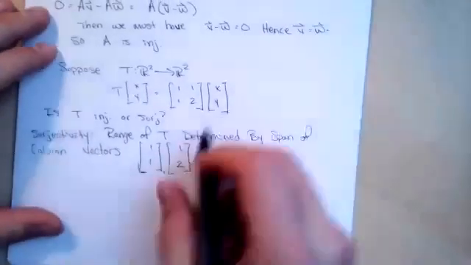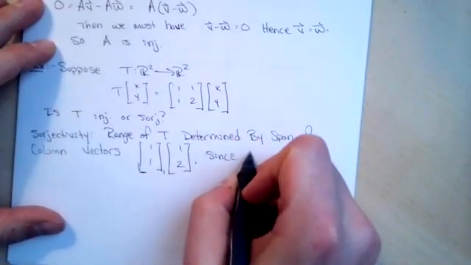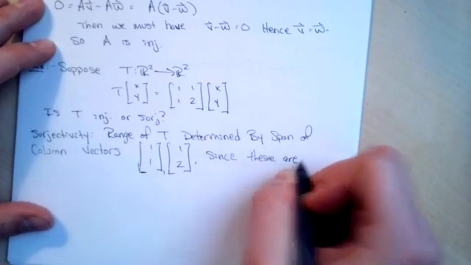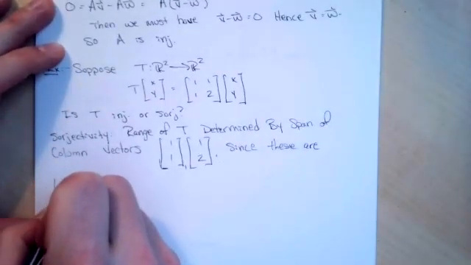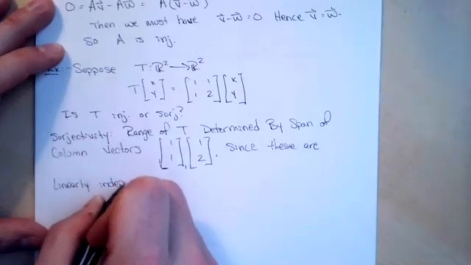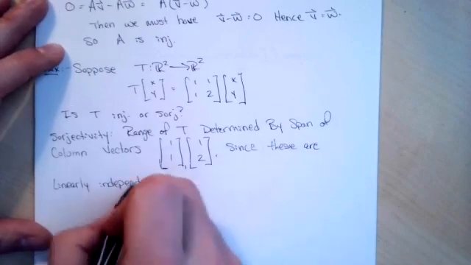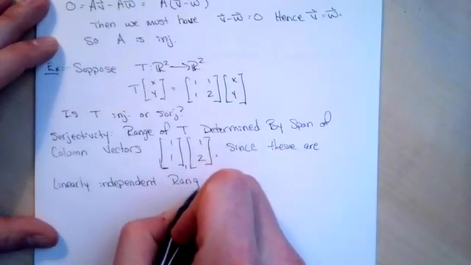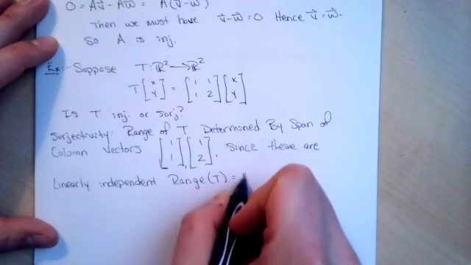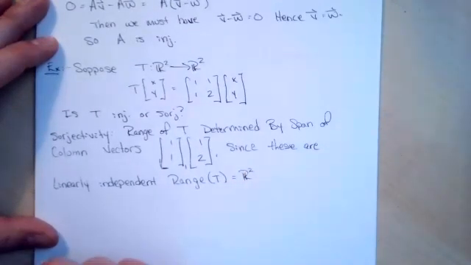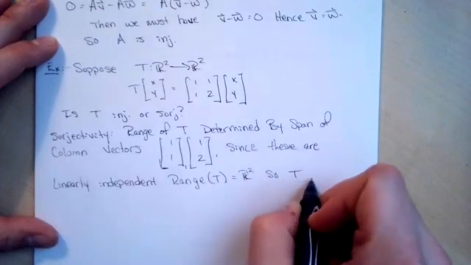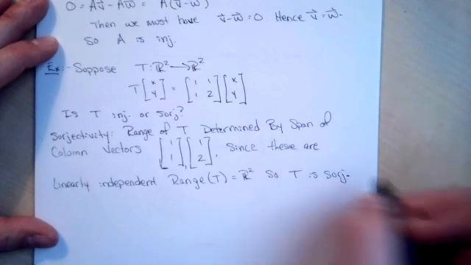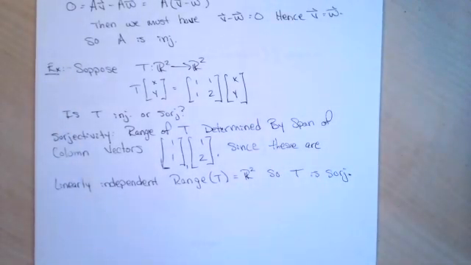And what can we say about that? Since these are linearly independent, the range of T is equal to the entire vector space. So T is surjective. That's another way of saying the range is everything, onto its image.